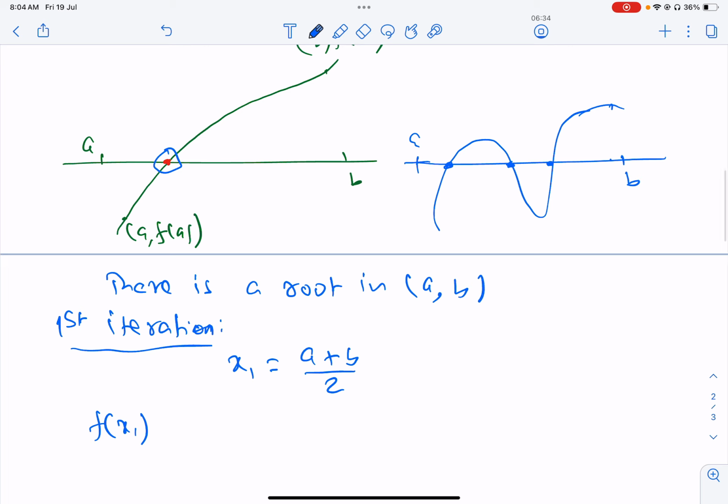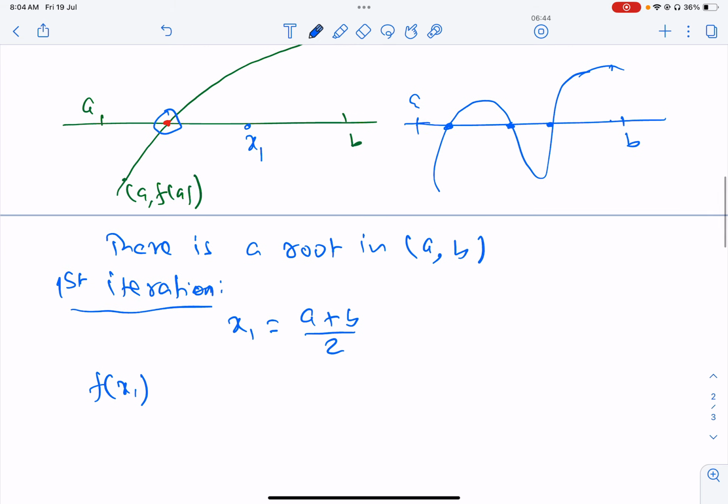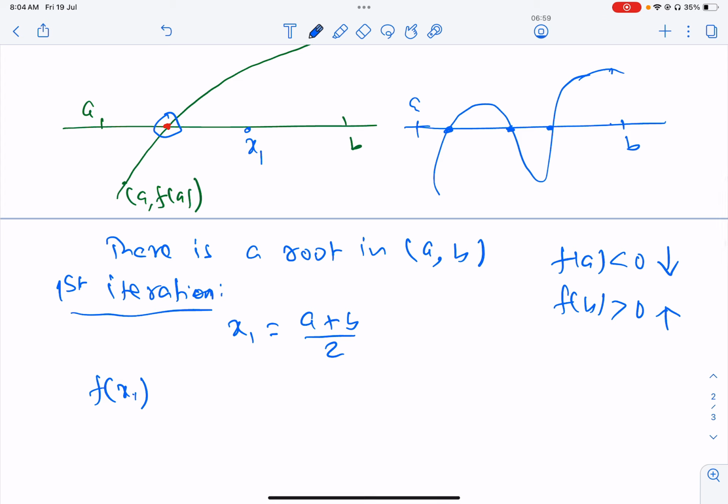Suppose in our case f(a) less than 0, f(b) greater than 0. Now we need to find f of x1.